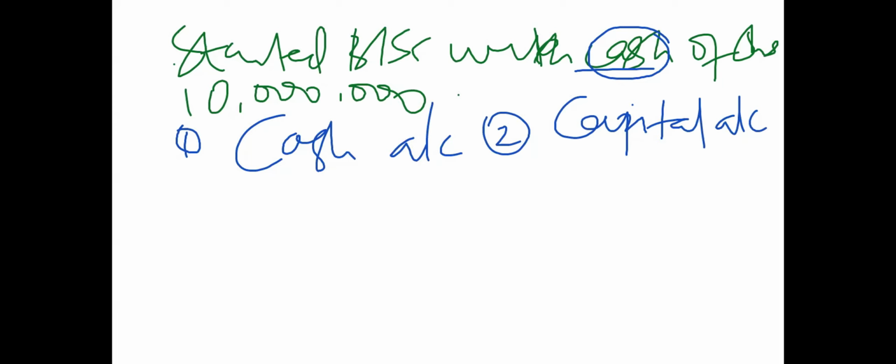So what we are going to do is we are going to open two accounts, the capital account and the other account is the cash account. So let's open the two accounts.